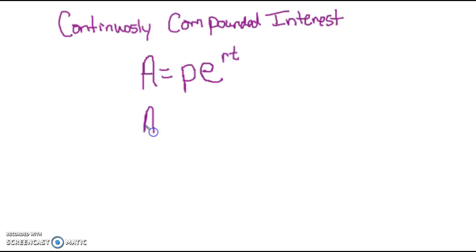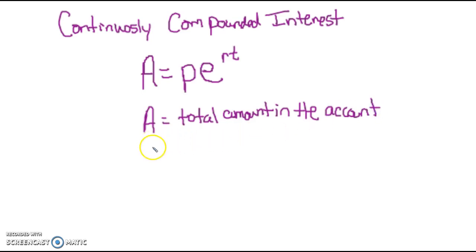A is still going to be the total amount in the account. E is our constant. If you put in your calculator second LN, you get e to the x, and you just do e to the 1.